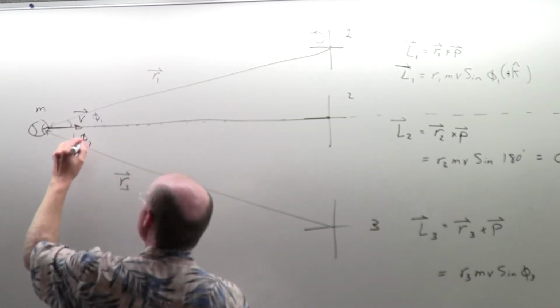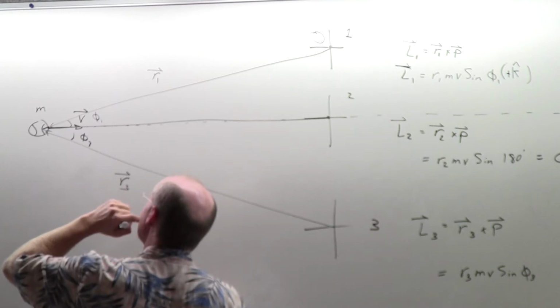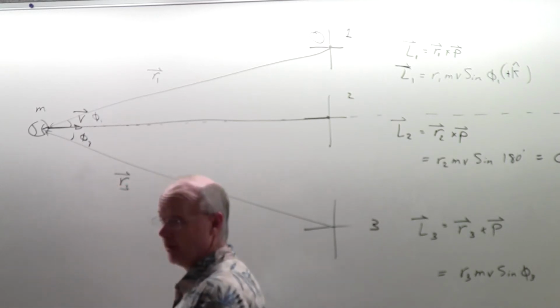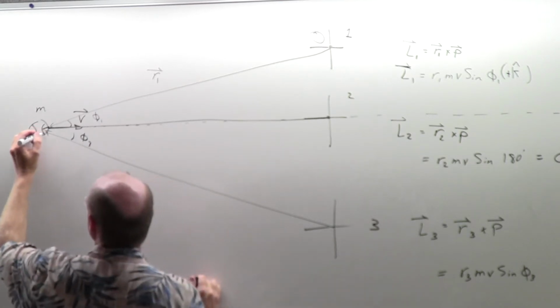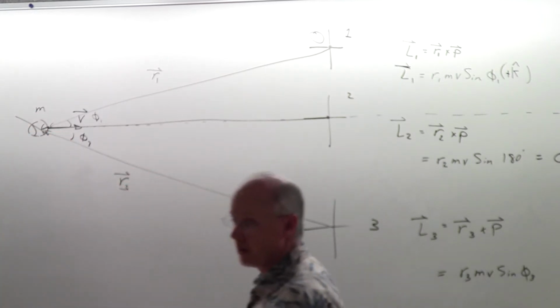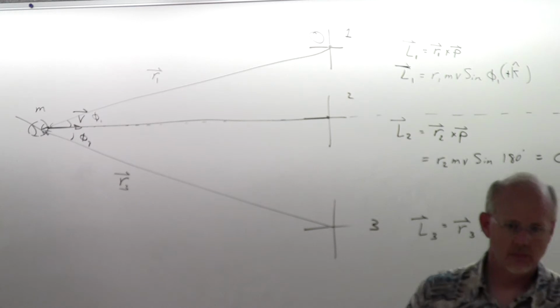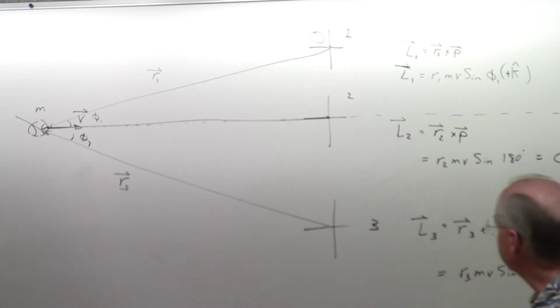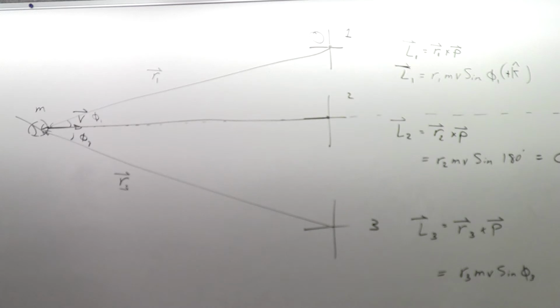Oh, and actually, I see why you guys said 0, because I wasn't really doing the angle. I guess this is really the angle, and I'm doing the supplement of it. So that's why when I said 180, you said, no, it's 0. Okay, fair enough.